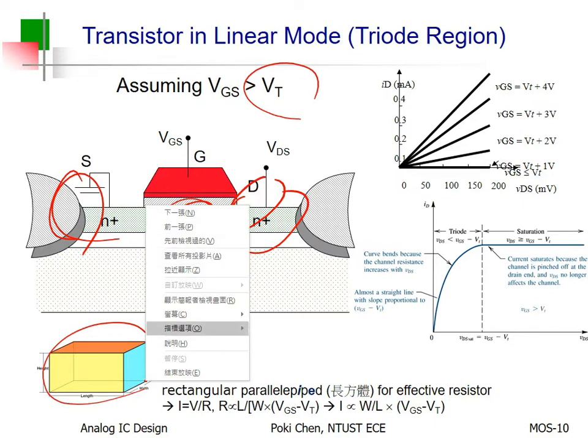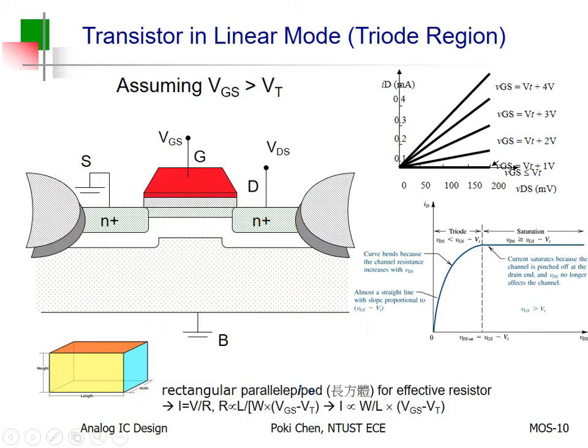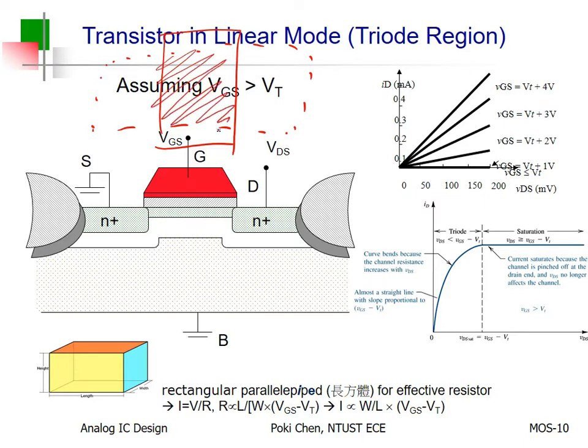Allow me to show you this. Again, you need to know the mapping between the device and its layout. From the very beginning, you have the gate, and then the source and drain, and where is the channel? Ideally, the overlapped area beneath the gate oxide.